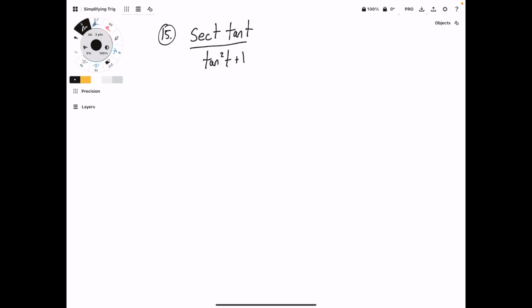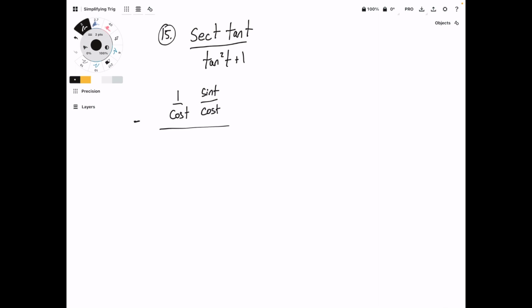For question 15, we have secant t times tangent t over tan squared t plus 1. So the first step here is to rewrite the top in terms of cosine and sine. Secant is 1 over cosine t, and tangent is sine t over cosine t.